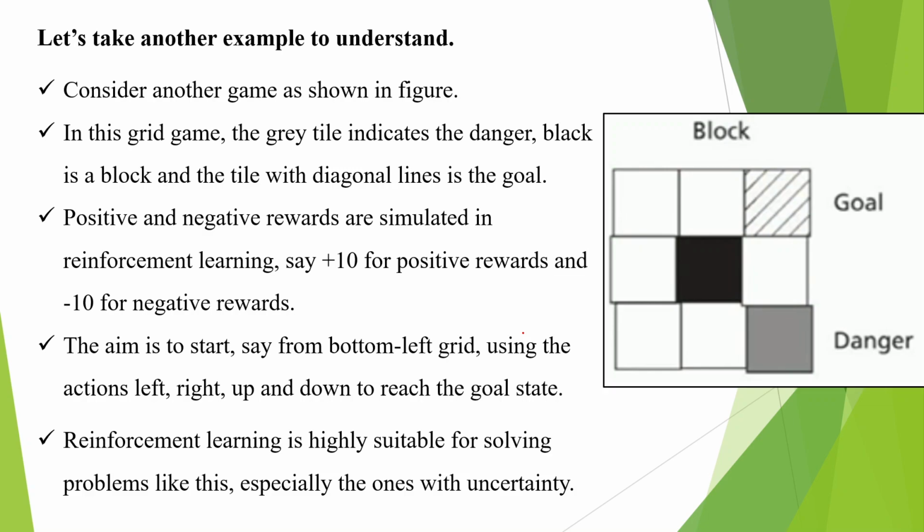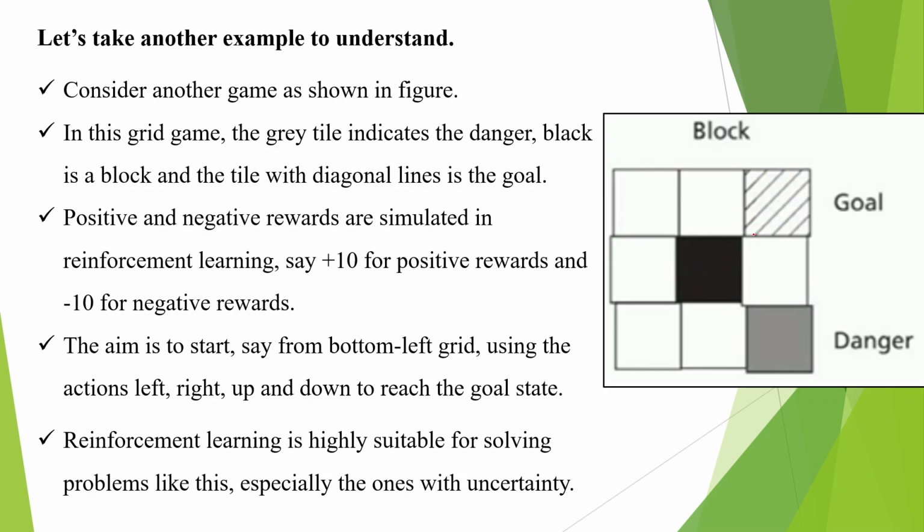Here is another example to help understand reinforcement learning. It is a kind of board game. See the center black brick; it is a complete blockage, where the agent cannot move.